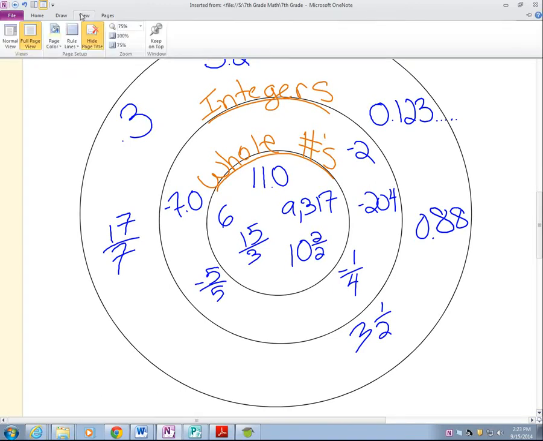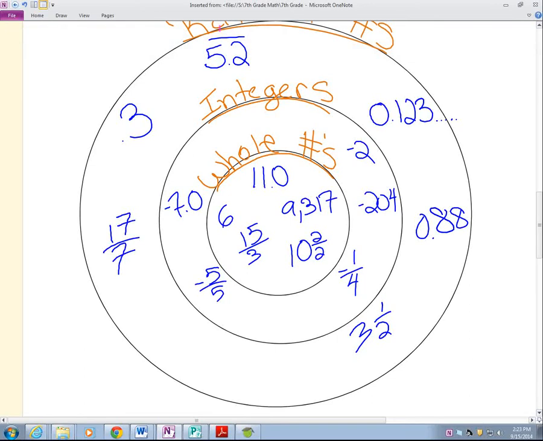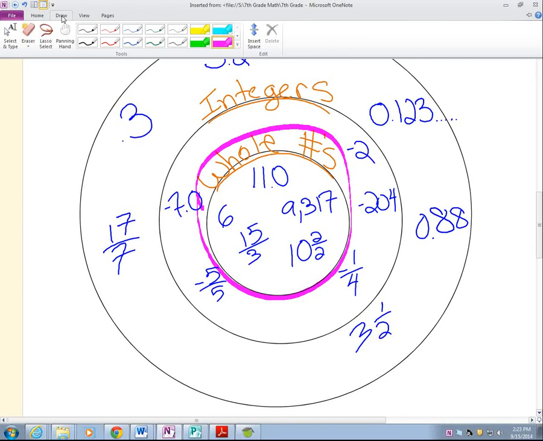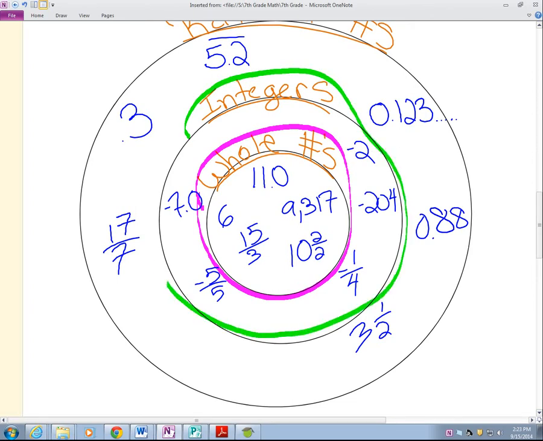Now, here I go with explaining how this works. All of these numbers inside that purple highlighter are whole numbers. Negative 0.7 or negative 7.0 is not a whole number. All these numbers in the yellow highlighter are all integers, and some of them are whole numbers.